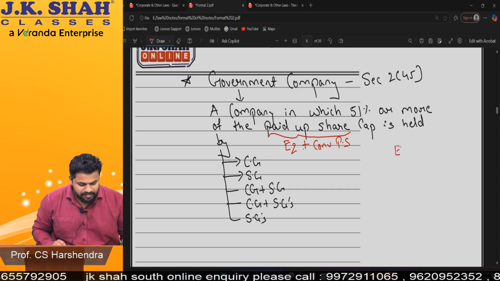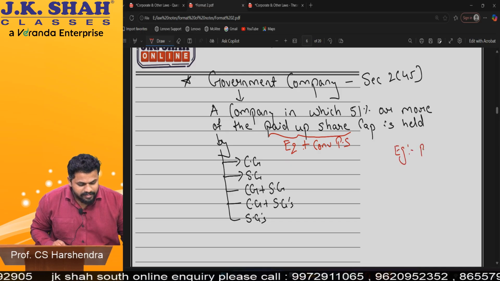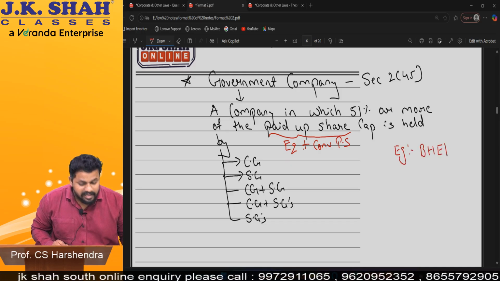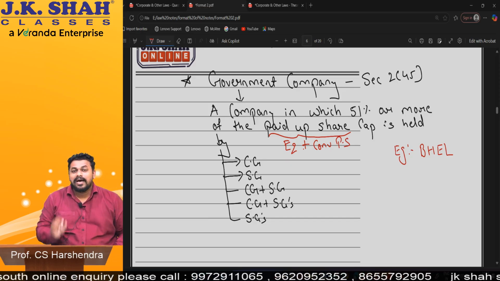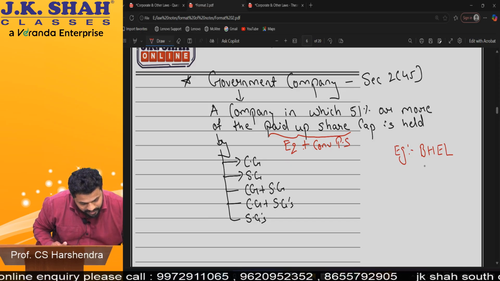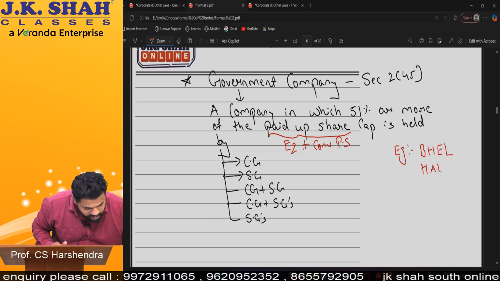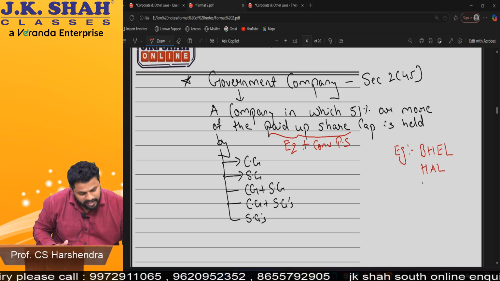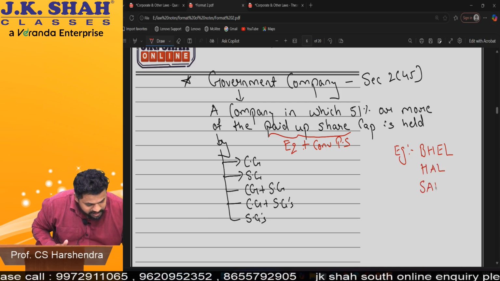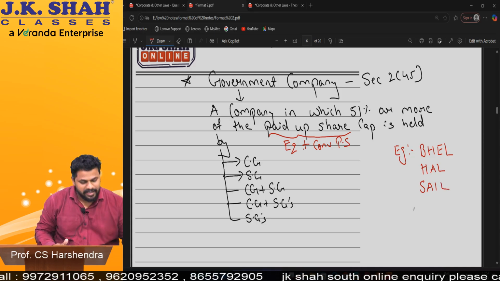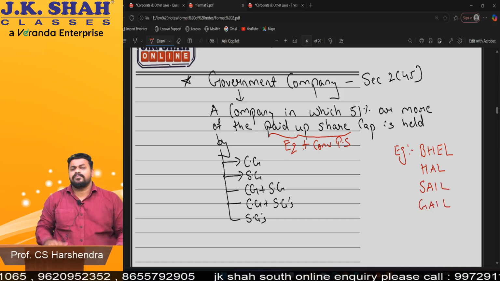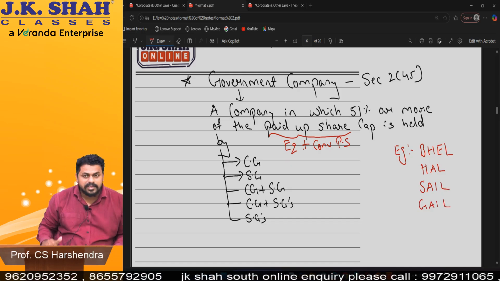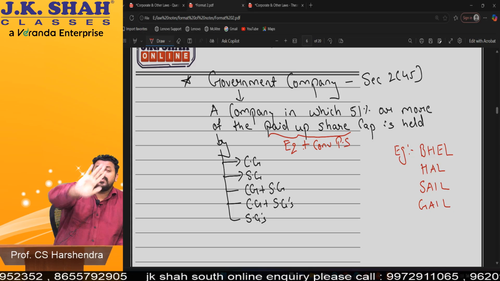In Bengaluru we have BHEL, Bharat Heavy Electricals Limited. You have HAL, Hindustan Aeronautics Limited. Then SAIL, Steel Authority of India Limited. Then GAIL, Gas Authority of India Limited. All these are government companies.